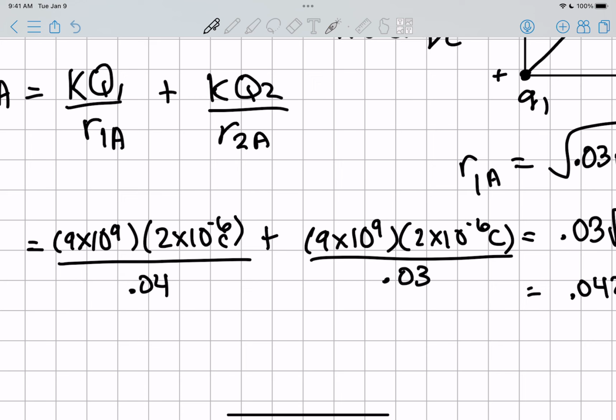No, we don't have to square the R, because the voltage equation is just KQ over R. Something else is missing. Take a look at the charges. There we go. What about the charges do you notice is different, or wrong?